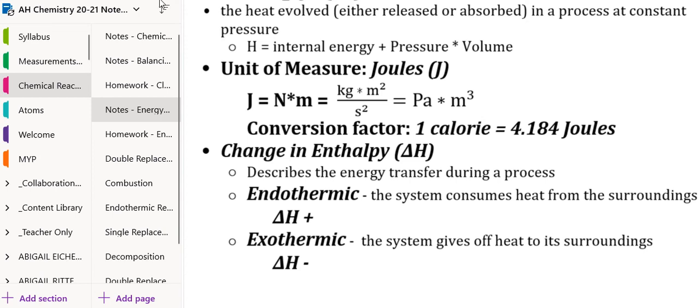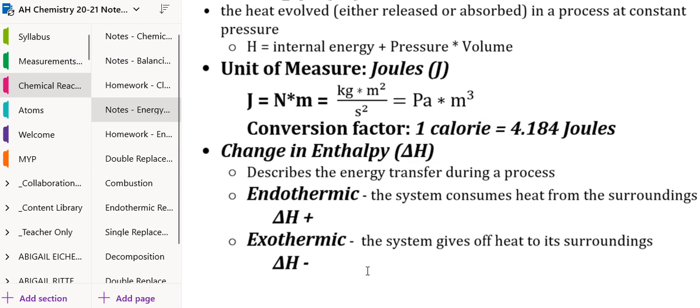And so in that case, did the heat energy for the reaction go up or down if it's absorbing heat? Went up. So the change in enthalpy is going to be positive.